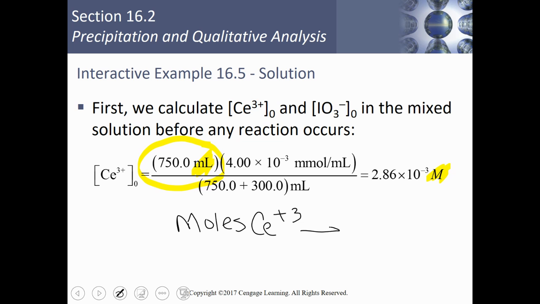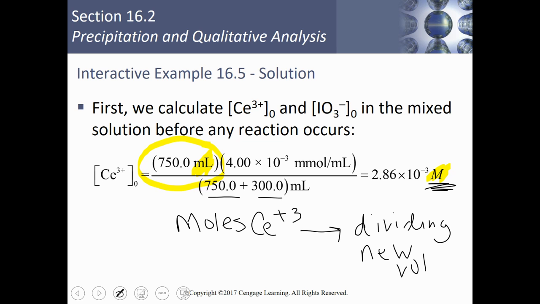Once you find moles, you divide by the combined volume to find a new concentration.